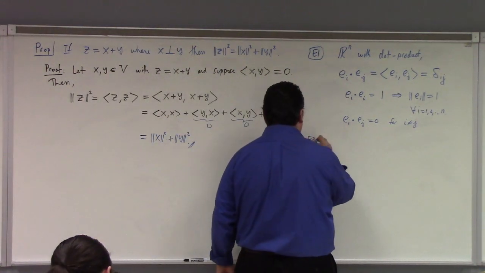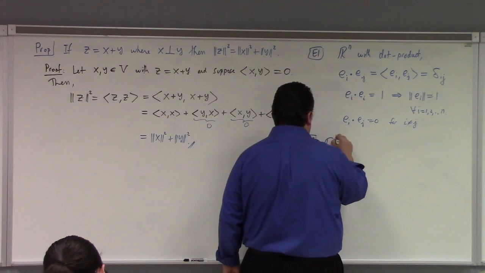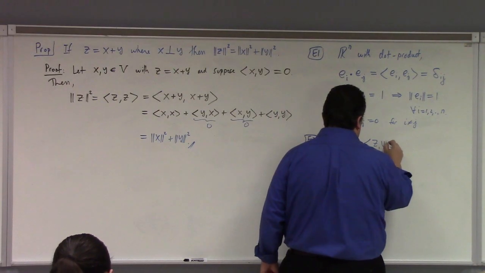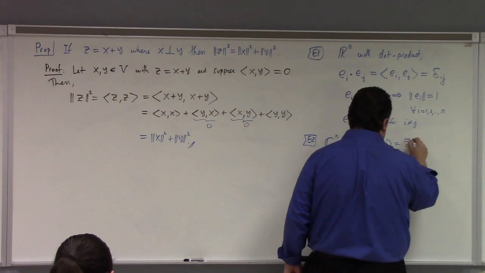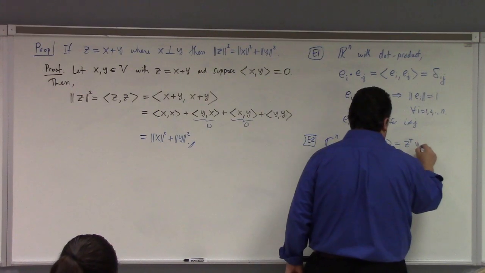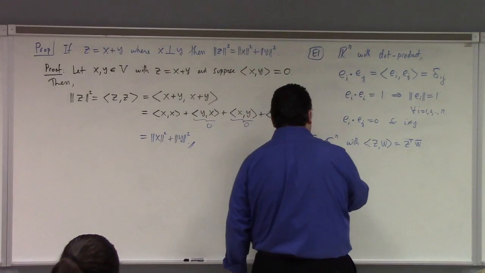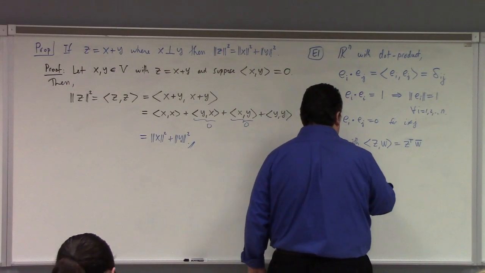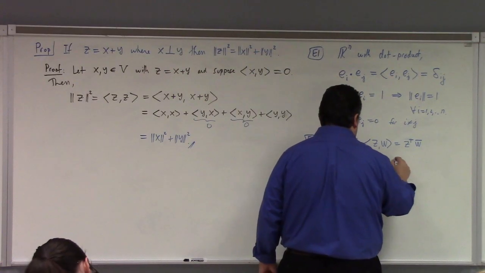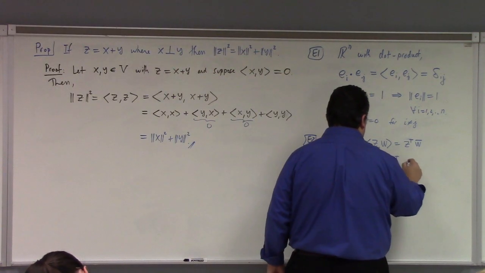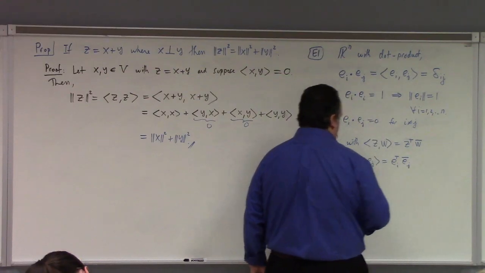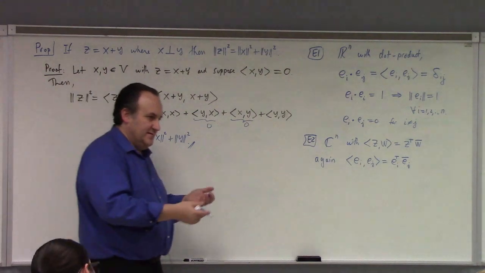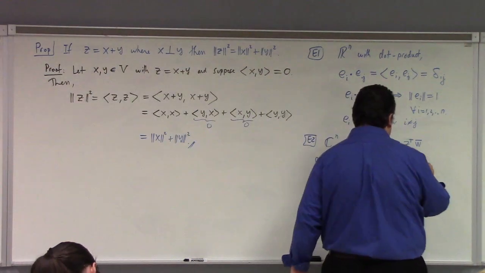Now, example 2. Let's talk about C^n, with the inner product of z and w being z transpose times w conjugate. Again, e_i, e_j is equal to e_i transpose e_j conjugate, but these are real vectors, so the complex conjugate is easy enough to miss.